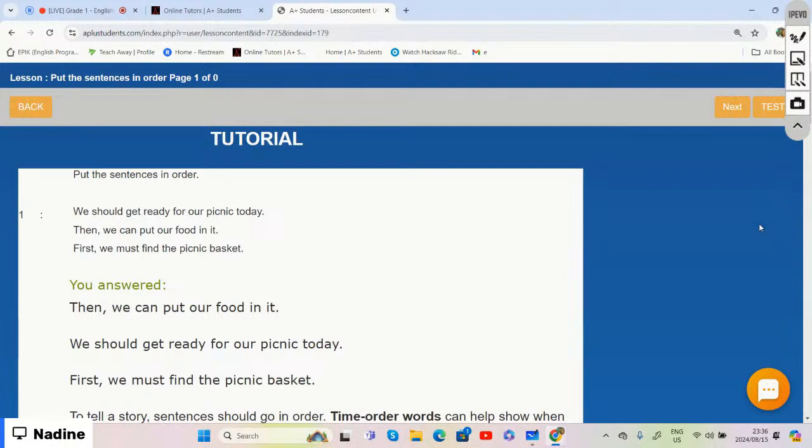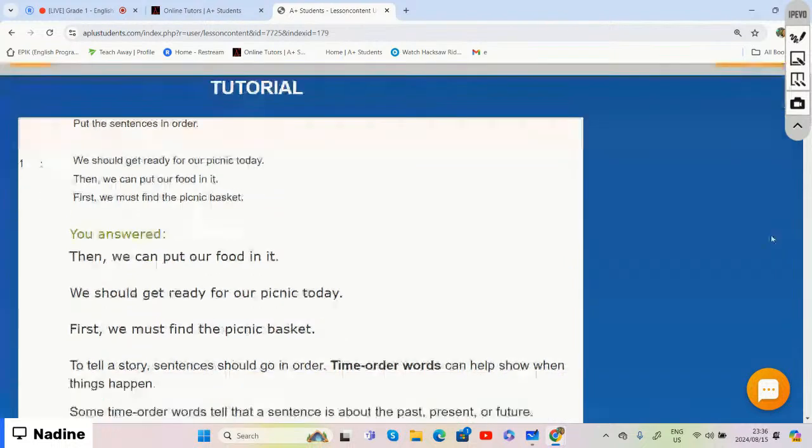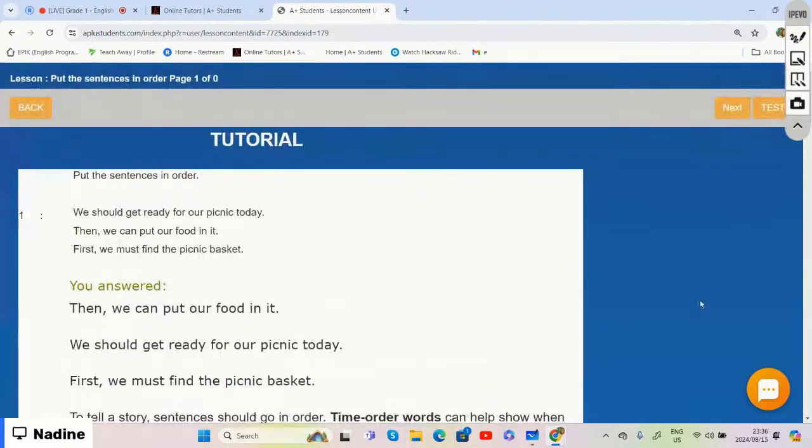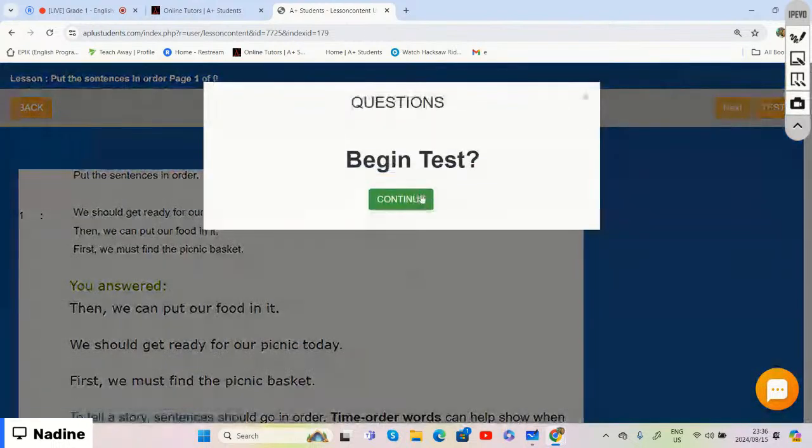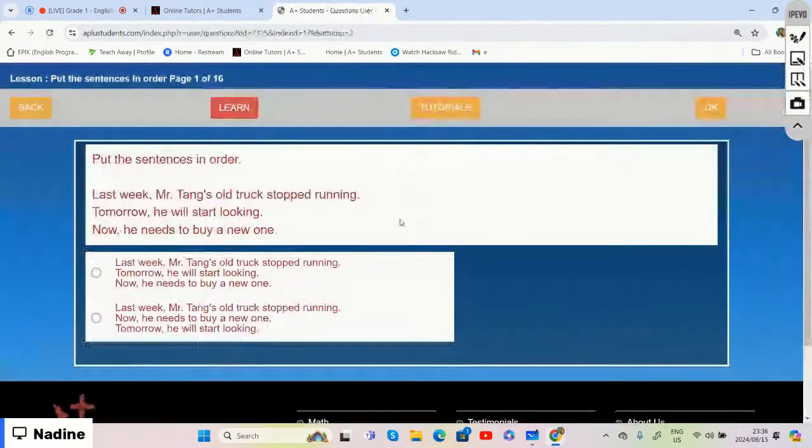All right. So now we're going to our test where we're going to put these sentences in order.